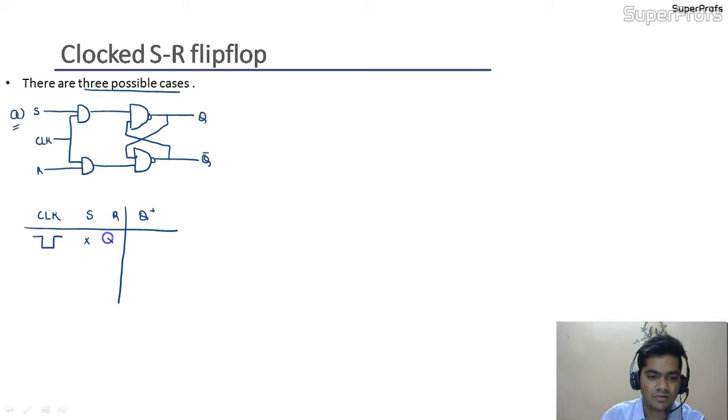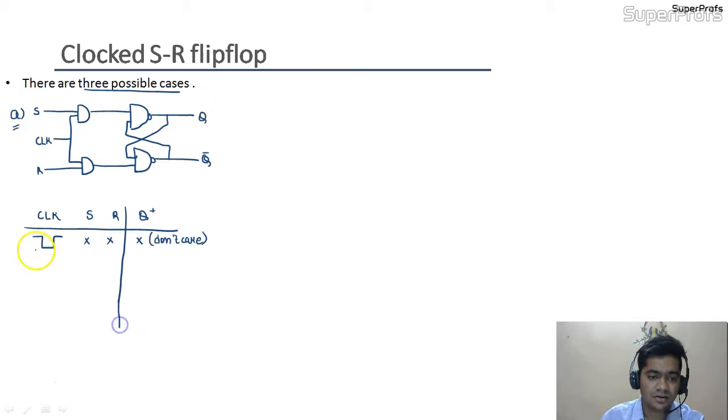Whatever the value of S and R, the output of both the AND gates would be 0 0, and we know that for the NAND gate latch, if the inputs are 0 0, it would be a don't care condition.